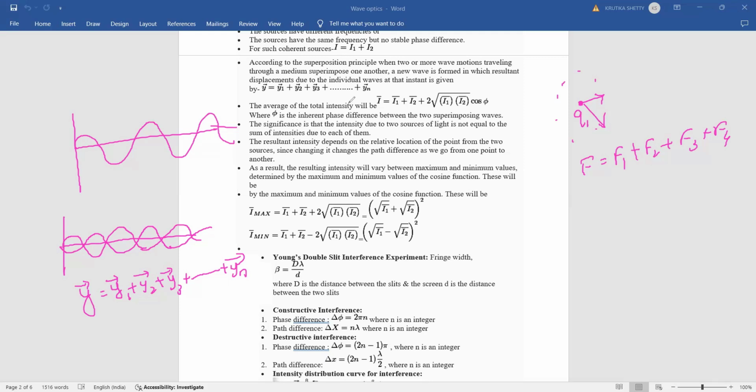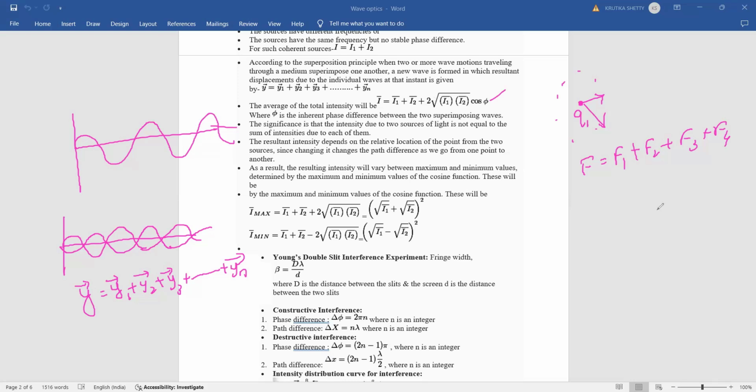That is the resultant average of the total intensity. So here you can see I is equal to I1 plus I2 plus 2 root of I1 into I2 into cos phi. Note that it is not the root of I1 I2 cos phi; the cos phi is outside the root.